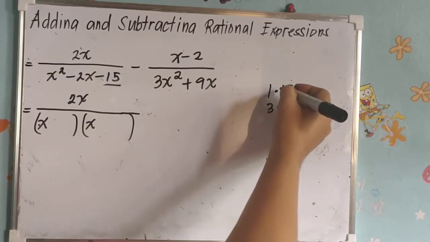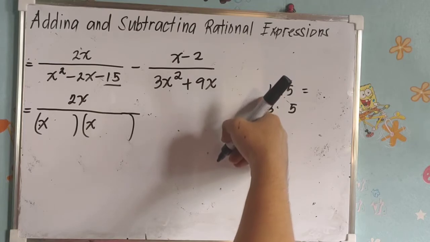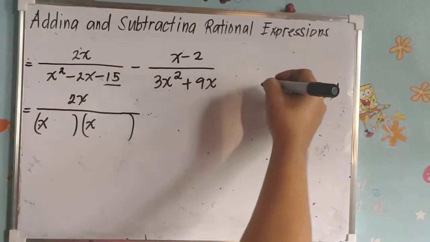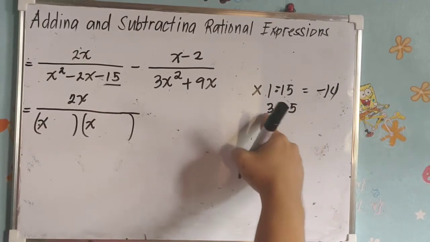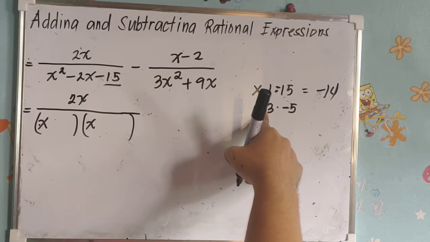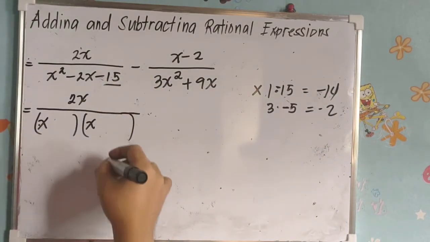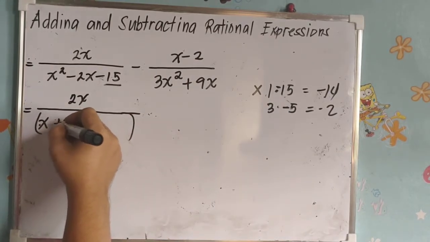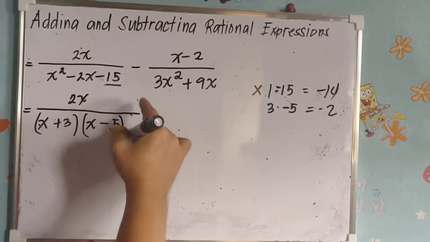So if this is negative, automatically we have 1 minus 15 is negative 14, so automatically this is wrong. And if this is negative, we have 3 minus 5, we have negative 2. So the two possible factors are plus 3 and minus 5.